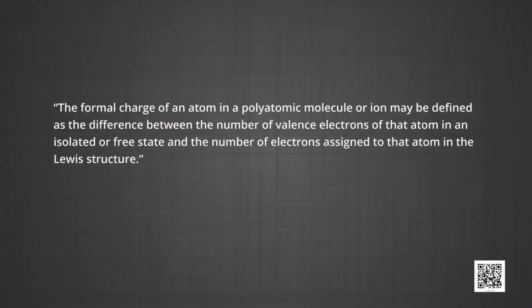The formal charge of an atom in a polyatomic molecule or ion may be defined as the difference between the number of valence electrons of that atom in an isolated or free state and the number of electrons assigned to that atom in the Lewis structure.